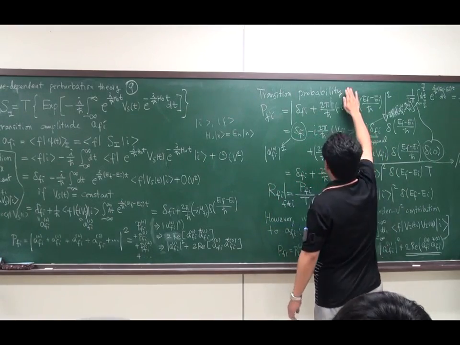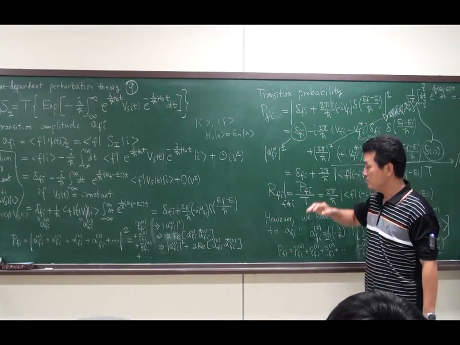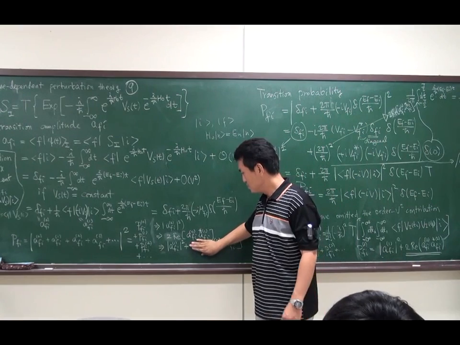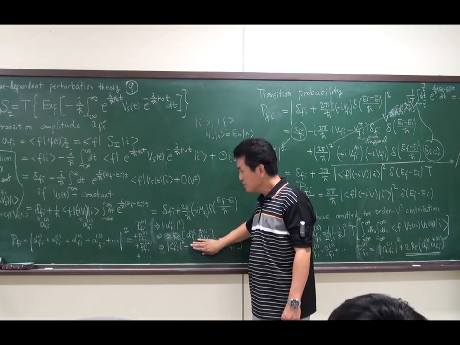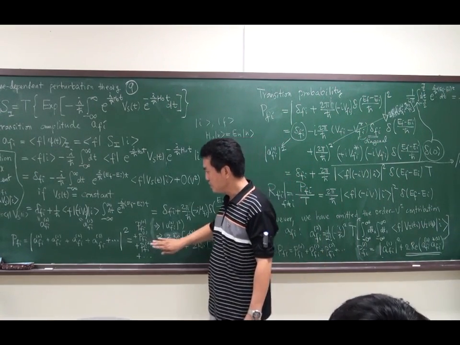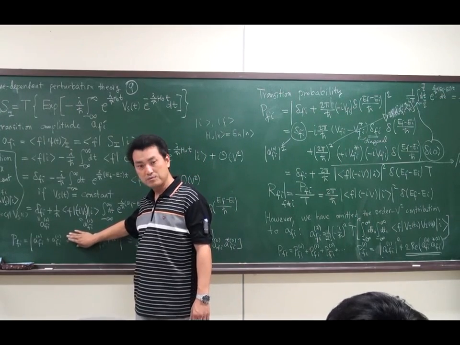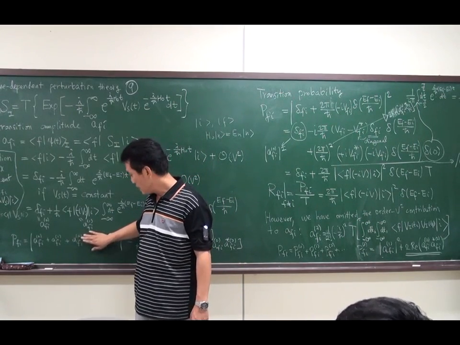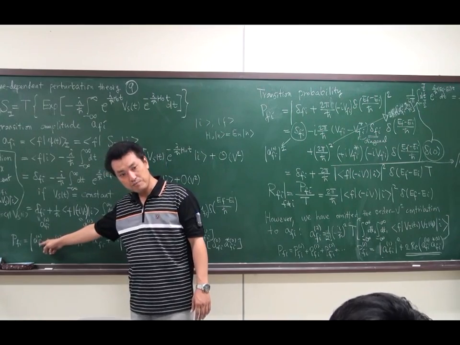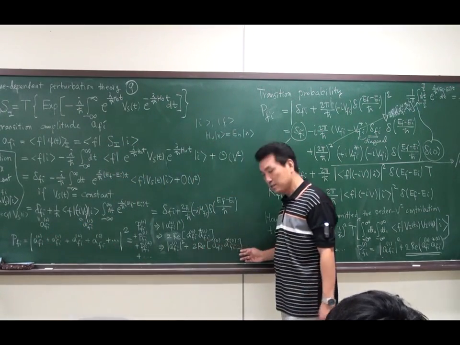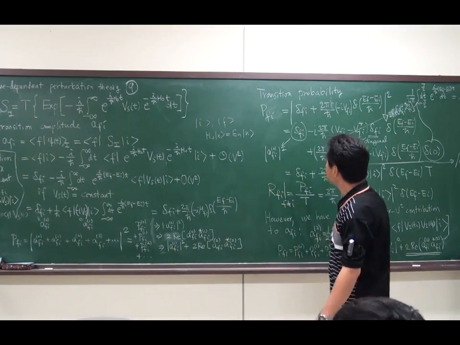Okay, the transition probability calculated up to this order can be computed by using two terms, right? This guy multiplied by the zeroth component will be computed in the next class. Okay.